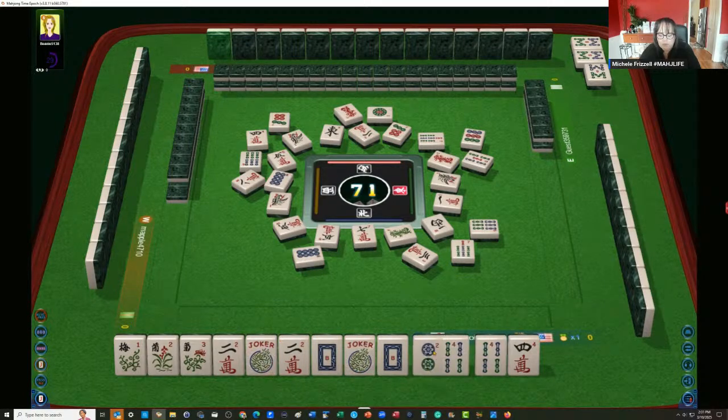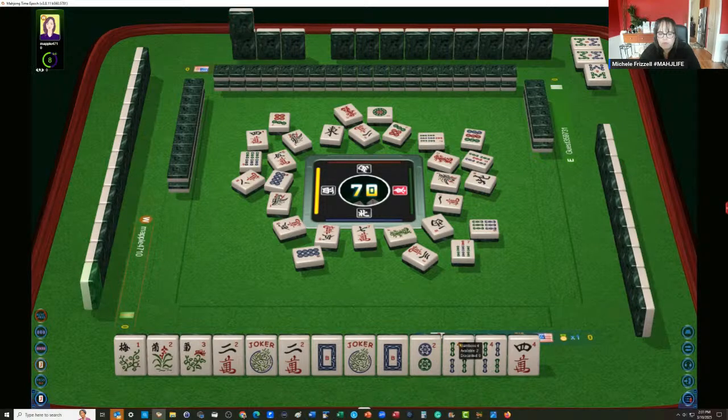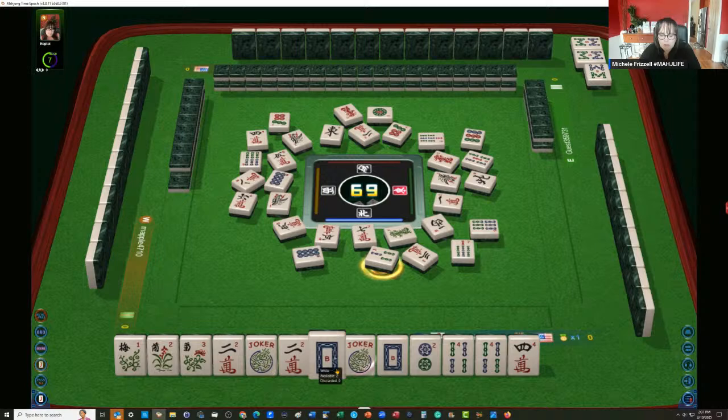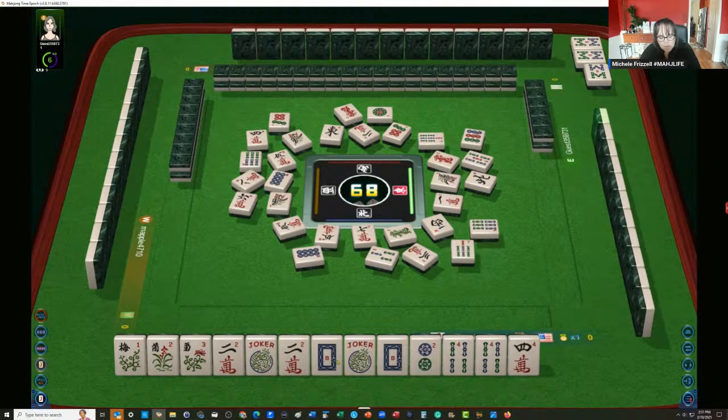We need a 2 4 in here. We've got either North wind, 2 4 dot or 2 4 bam, but it's a bit risky. 6 characters. A 3. We're ready to Kong. There's a bamboos. 2 crack out. So we're doing 2nd hand down. 2nd hand down under the year.